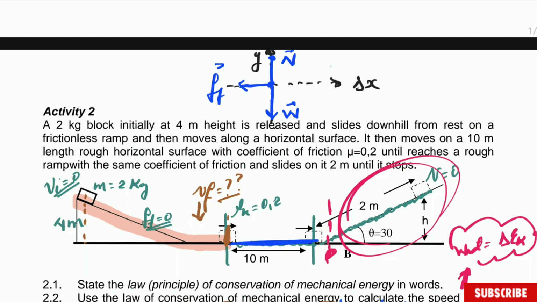The work done by normal, you can already say, is equal to 0. The angle is 90 degrees, and the work done by weight is also 0 because the angle is 90 degrees. But the work done by frictional force, you'll have to calculate. You can see that the angle there is 180 degrees.